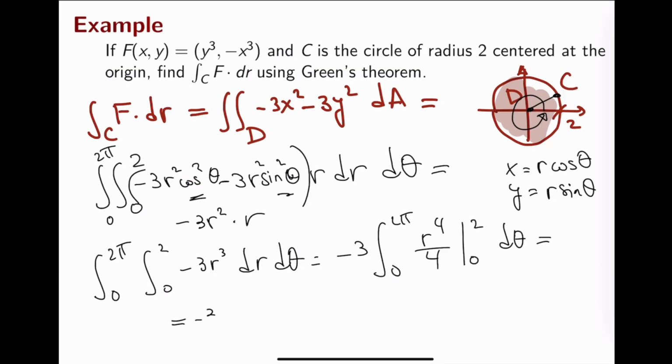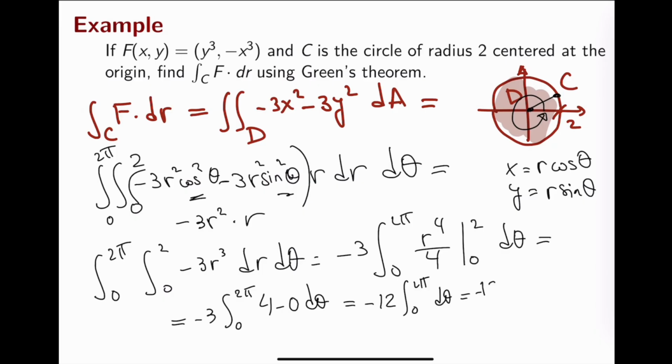So that will be minus 3 times the integral between 0 and 2 pi, and we are evaluating this between 2 and 0. When we evaluate at 2, we get 16 over 4, which is 4, minus 0. And so this is the integral of 4. The 4 goes out of the integral. Minus 3 times 4 is minus 12, times the integral between 0 and 2 pi of just 1 d theta.